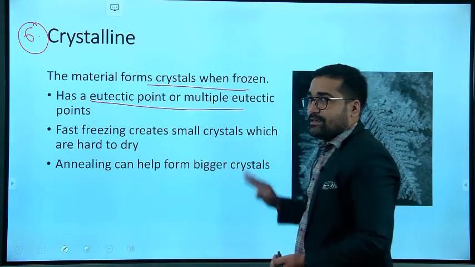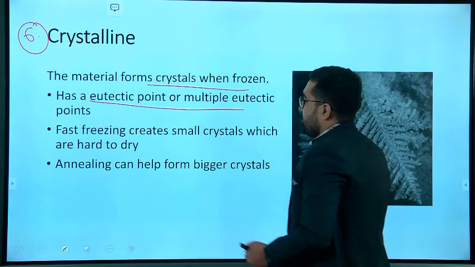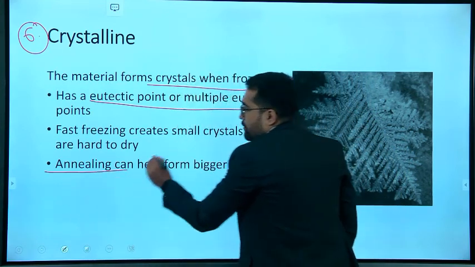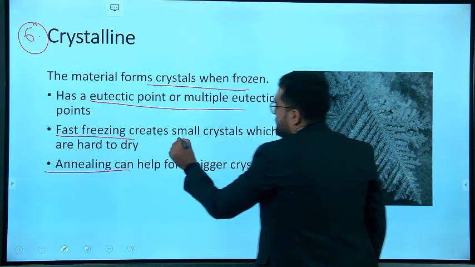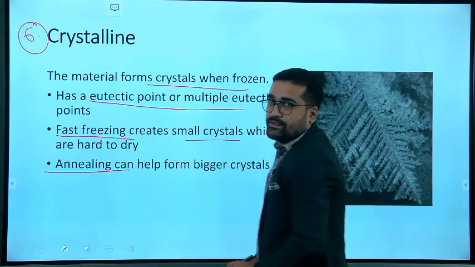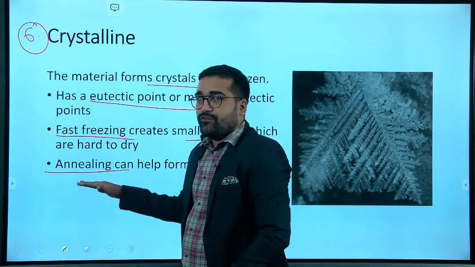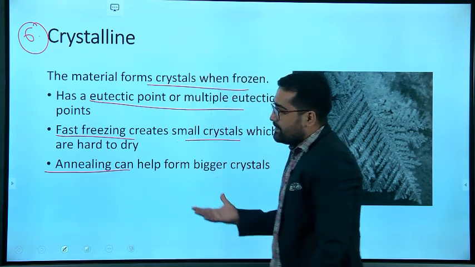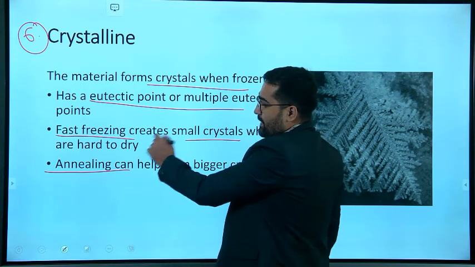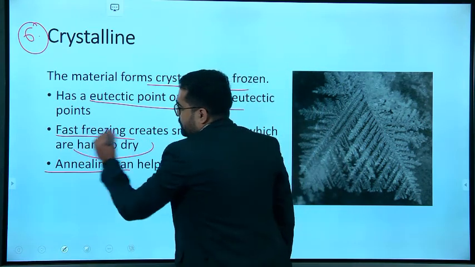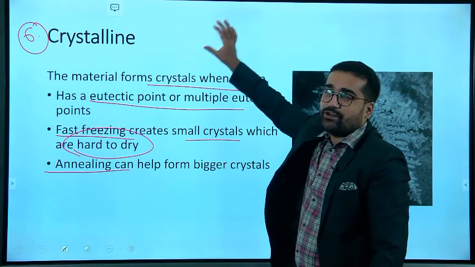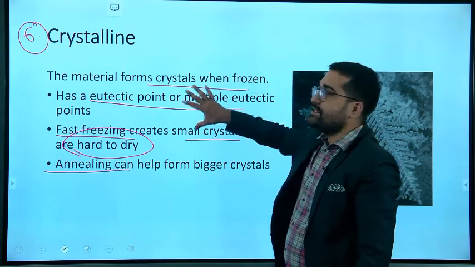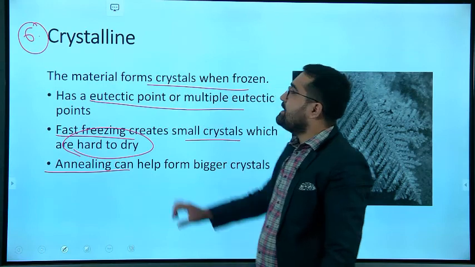So, how can we increase this crystalline? By doing annealing, or fast freezing causes small crystals, correct. That is why we go for annealing, so that the size of the crystals can be increased, since fast freezing is hard to dry. So, crystalline is the nature of the product. When we freeze it, it forms crystals, that we know as crystalline.